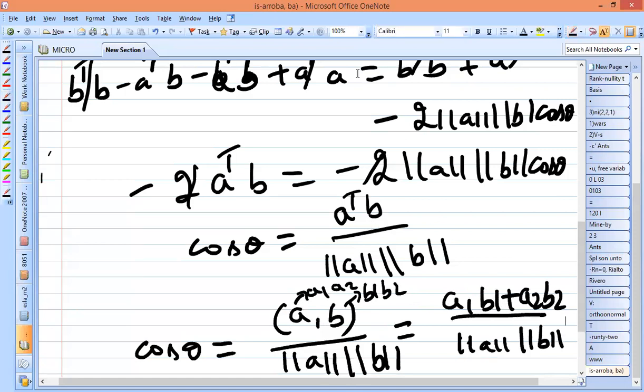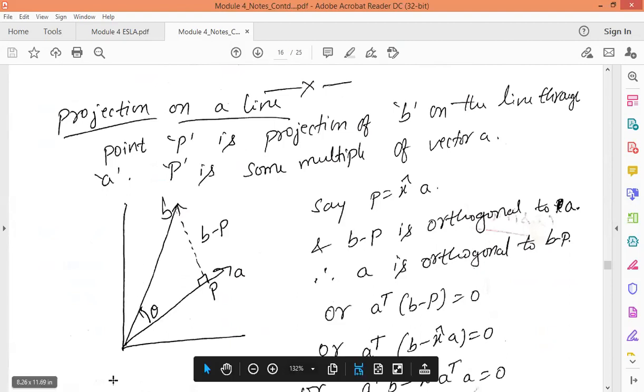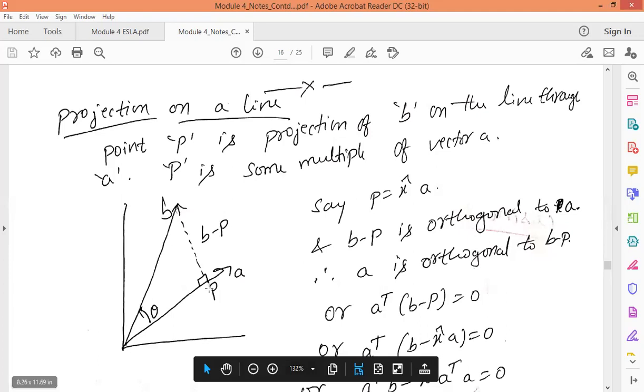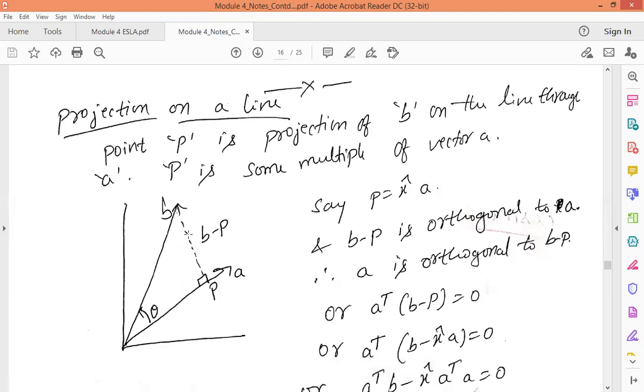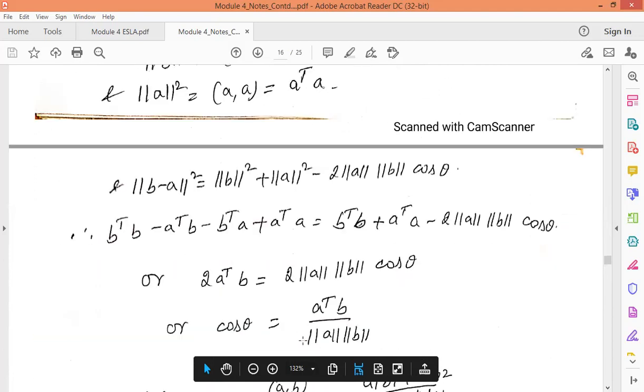Now with this, next we'll move on to the next topic, that is the projection on a line. Here we are going to find the equation to calculate the projection on a line. We consider a point P as the projection of the set B on the line A, by drawing a perpendicular from B towards the point P. The same diagram we considered previously is used here.